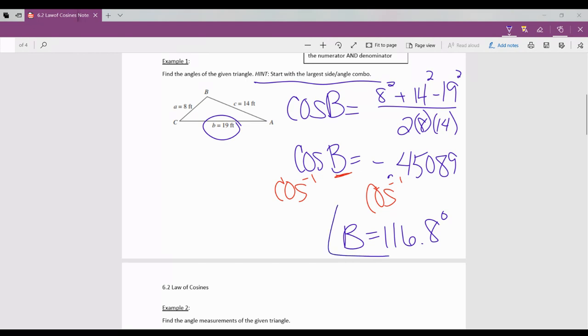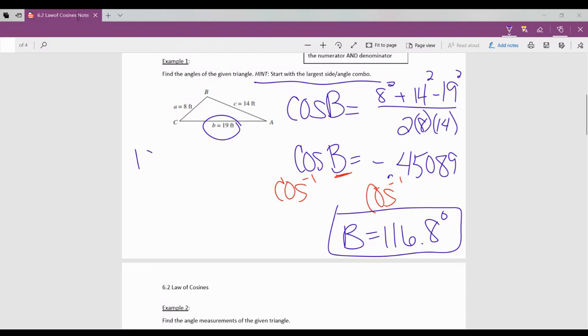Once I have B, I have 1 out of the 3 angles. I need to find the other 2 angles. I have the pair B and b, so I can either use the law of cosines, or now that I have the pair, I can use the law of sines.